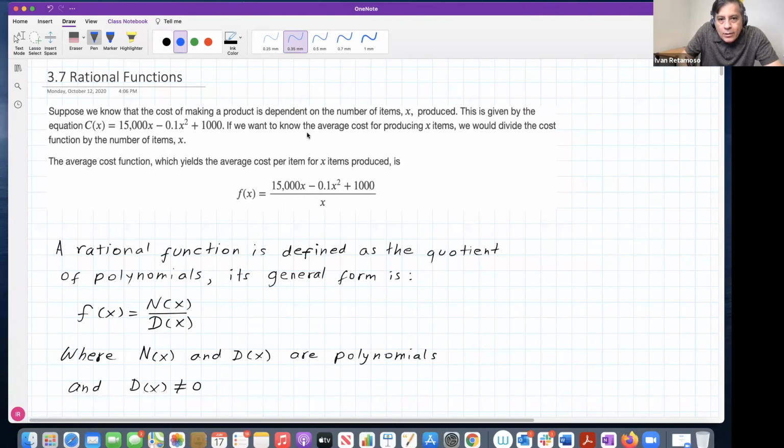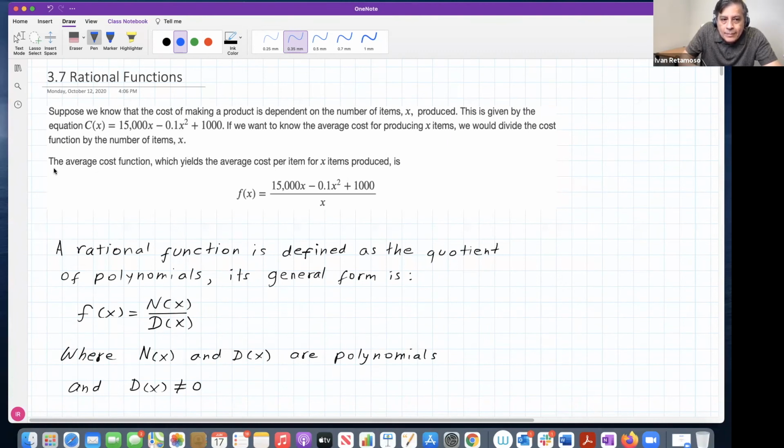If we want to know the average cost for producing x items, we would divide the total cost by the number of items x, right? Yeah, so basically, we are used to working with these functions, right? Polynomial functions. But what this example is suggesting is this. What if we are interested not in the total cost, but the average cost per unit produced?